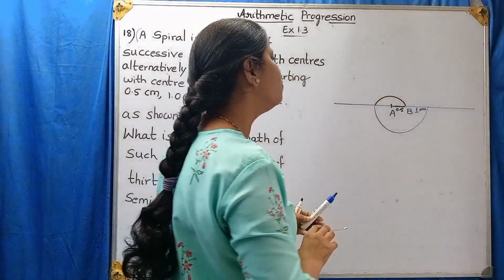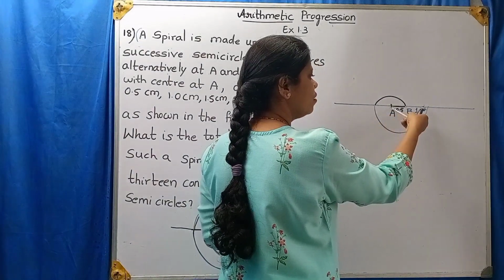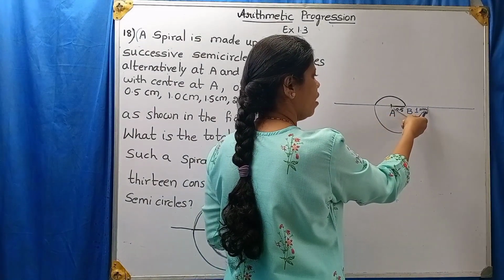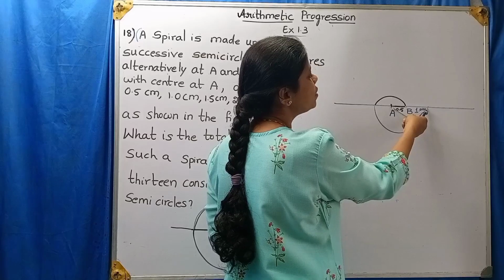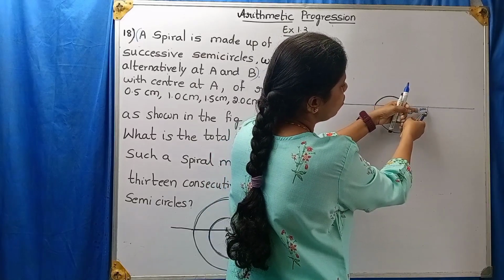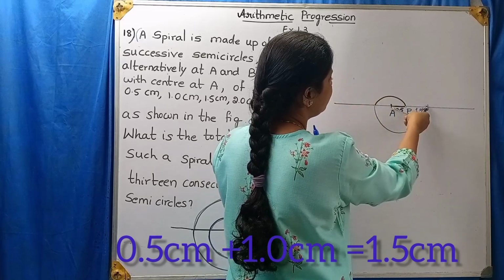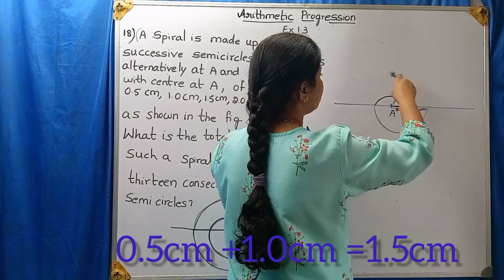Now, we have to keep our compass at the point A here, and draw a semicircle. Now here 0.5 and 1.0. How much does it measure? It measures 1.5, right? Let me draw like this.